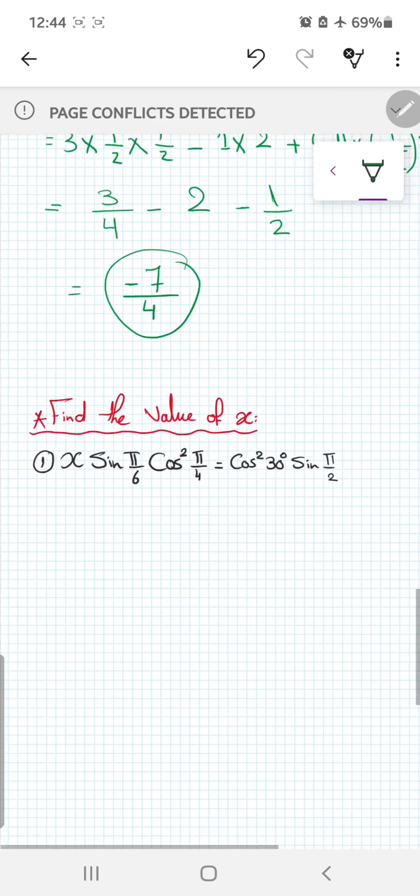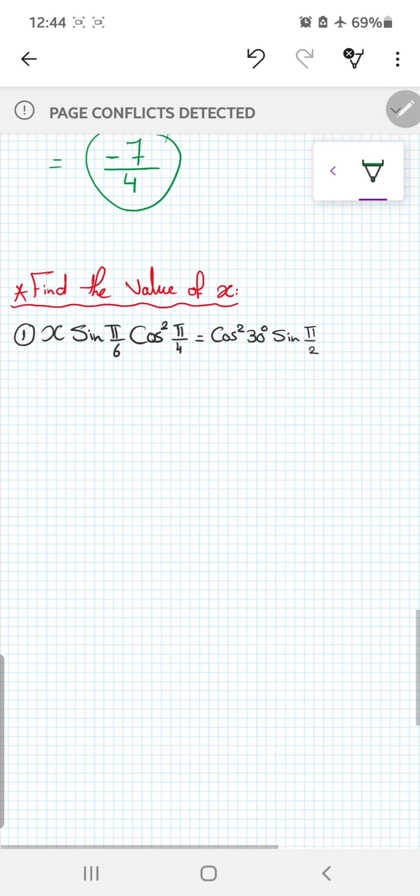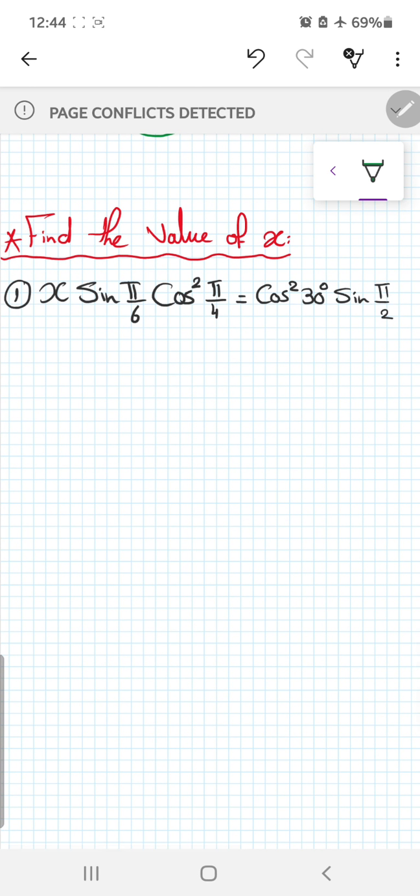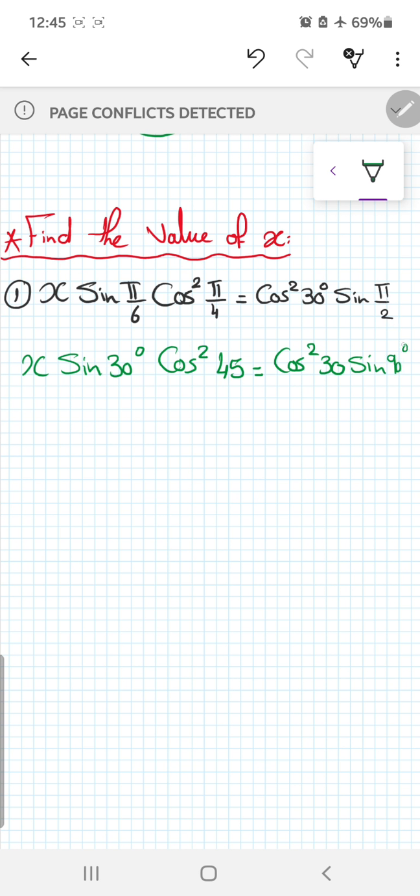Okay, another example, find the value of x. Here x sine pi over 6 cosine squared pi over 4 equals cosine squared 30 sine pi over 2. First write sine pi over 6, which means 180 divided by 6 is 30, so we get sine 30 degrees. Cosine squared 45 equals cosine squared 30, sine pi over 2 is 180 divided by 2, which is 90 degrees.